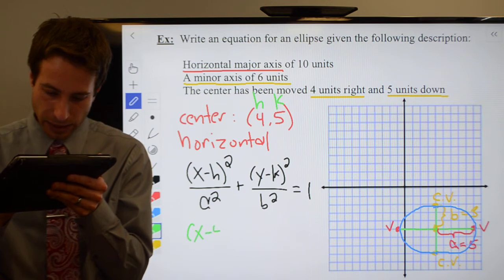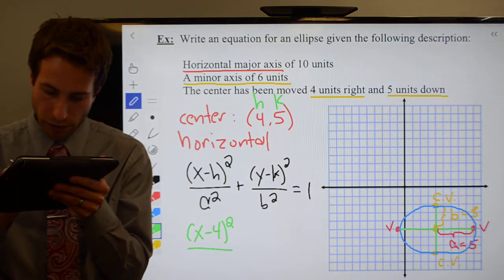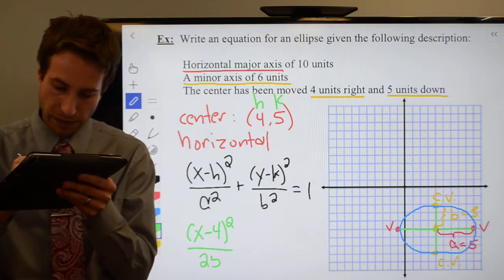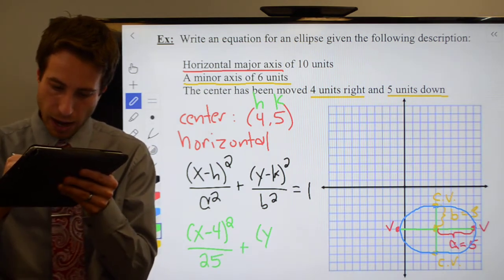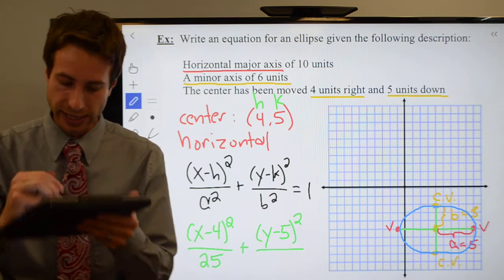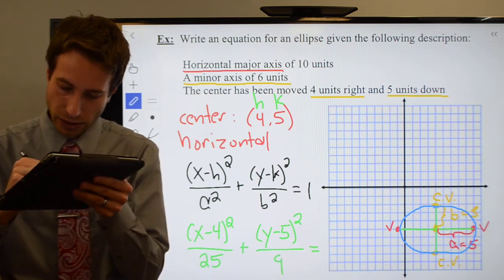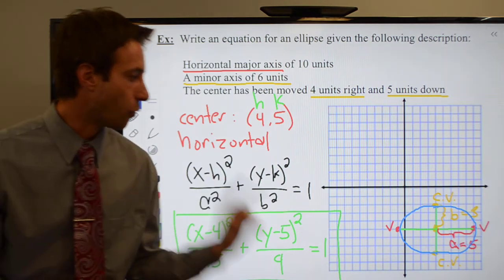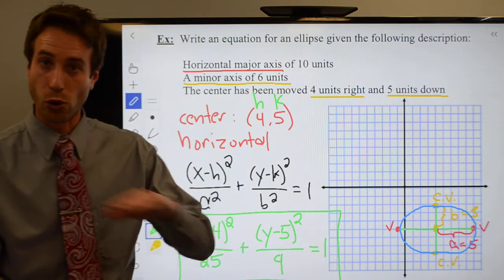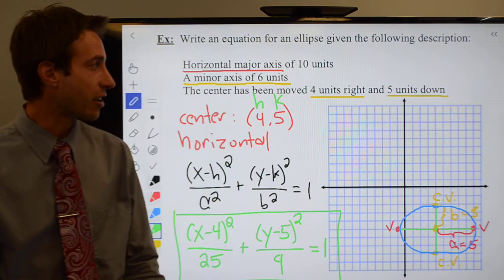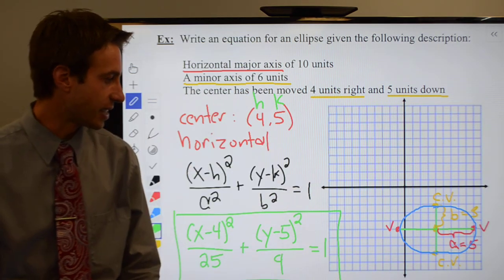X minus 4 squared over, A is 5, but 5 squared is 25, plus y minus 5 squared over, B is 3, but 3 squared is 9, and that is all equal to 1, and right there is your equation for that ellipse that is oriented horizontally, having been given the information about the major and the minor axis and told where the center is.